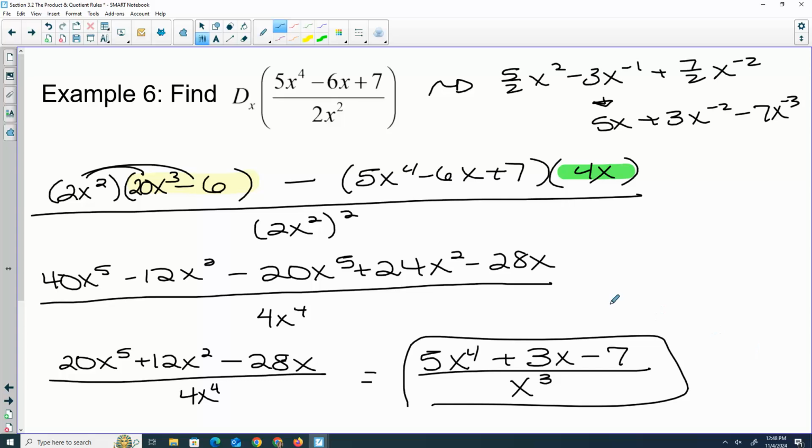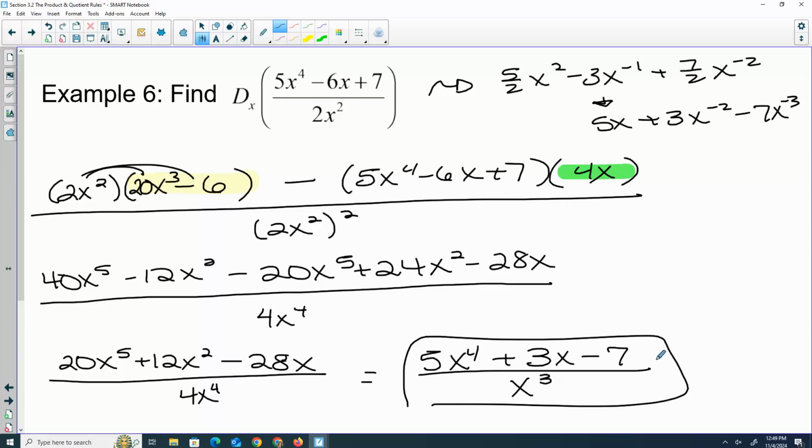If you take 5x to the fourth over x cubed, that's 5x. 3x over x cubed is 3x to the negative 2. Minus 7 over x cubed is 7x to the negative 3. They're equivalent. Is the first way a lot faster? Absolutely. In general, if you can simplify first, that's going to be faster. But if you did the whole quotient rule, you get an equivalent answer.